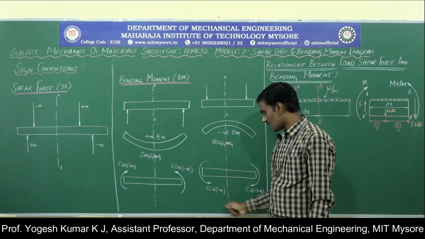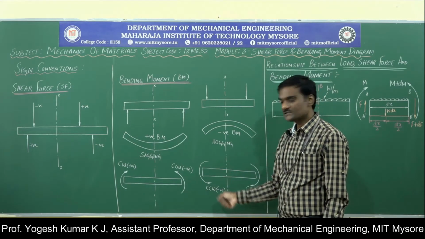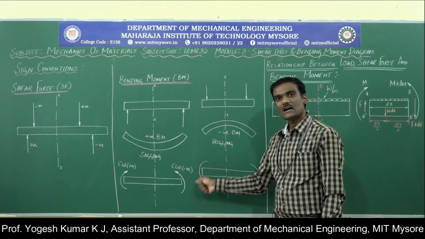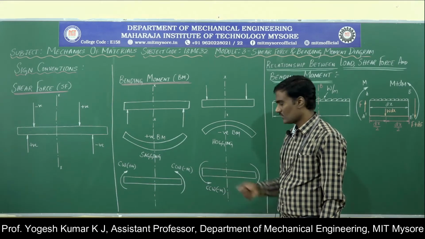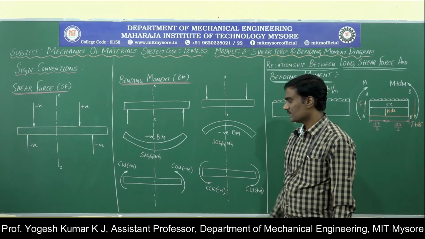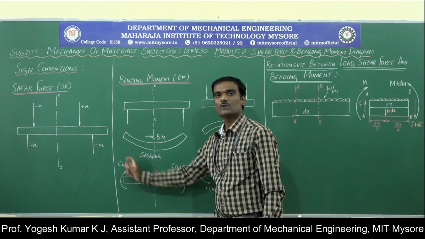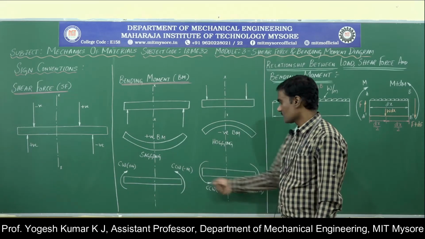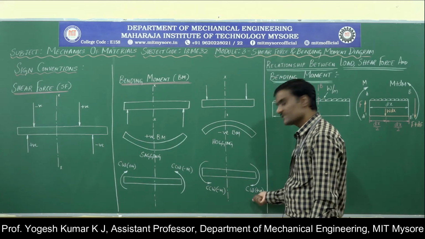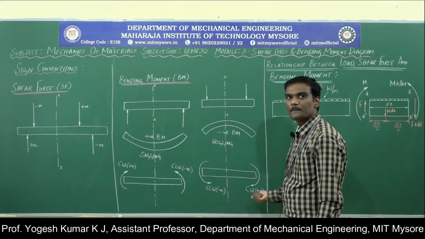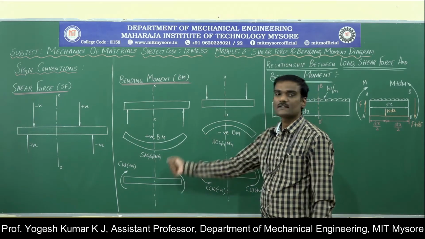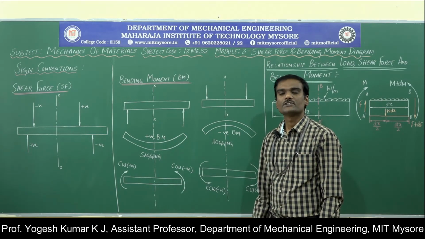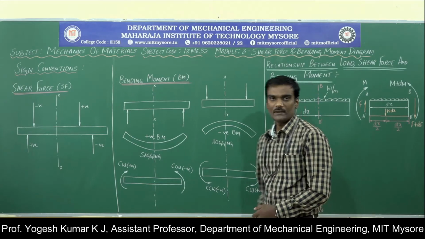Now let us come to the bending moments. Towards the left side of a section, if the moments are counterclockwise, then it is negative. Observe, clockwise is positive. Obviously the counterclockwise, if it is present, will be negative. This is what the sign conventions that we follow to solve the problems on shear force and bending moment.